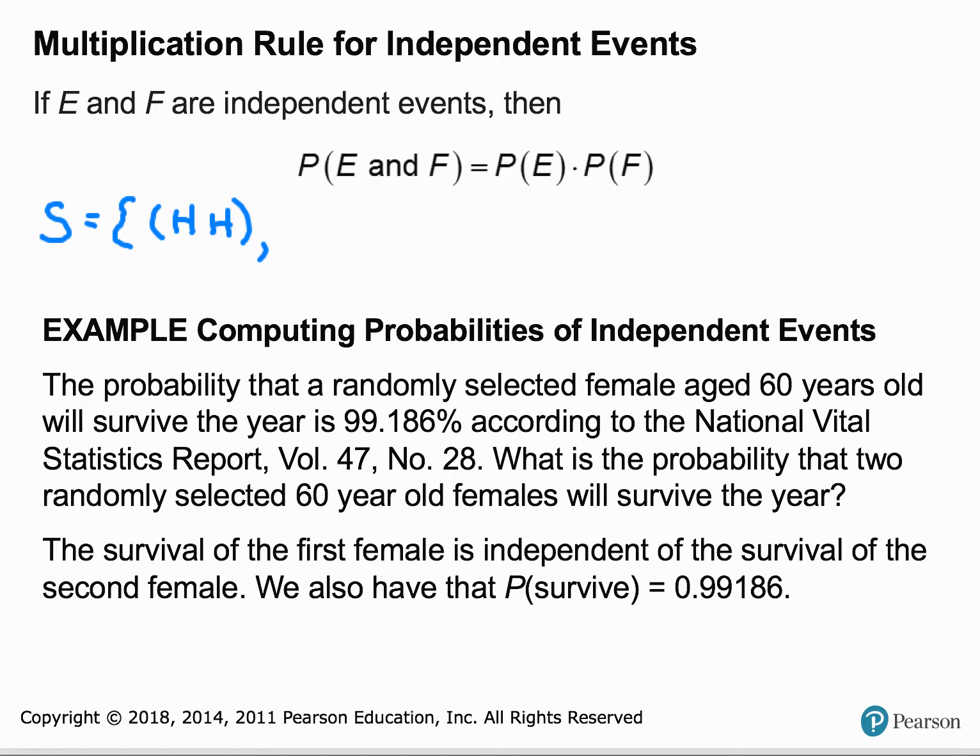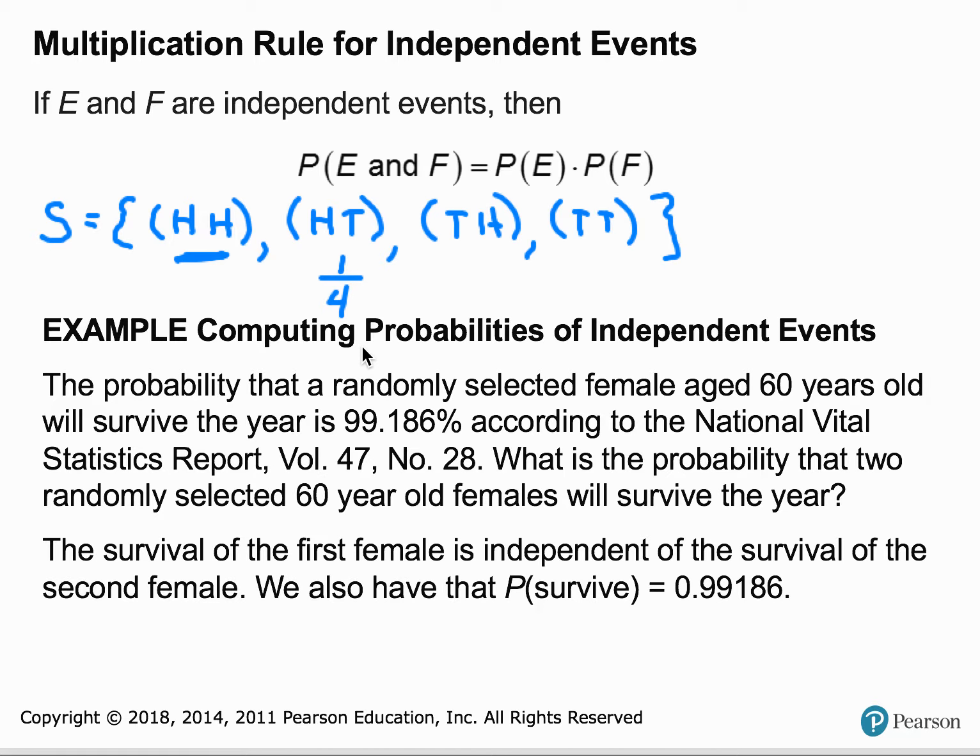We could get heads on the first one and then tails. We could get tails on the first flip and then a head. Or they could both be tails. Okay. So here's one way that we could figure out the probability, right? Which is, what's the probability that you get heads on the first flip and heads on the second. It's 1 out of 4 possibilities.